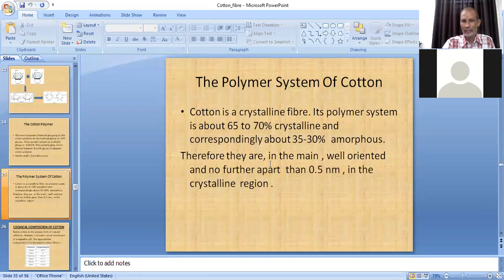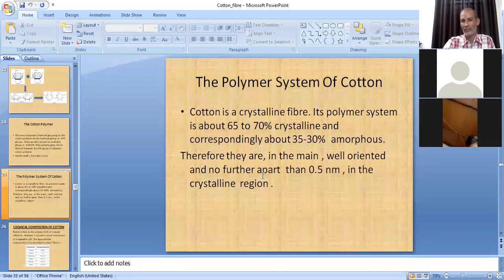Therefore, the polymers are in the main well oriented and no further apart than 0.5 nanometer in the crystalline regions. In the crystalline region, because the polymer packing is more, the interpolymer space is less, and it is not more than 0.5 nanometer. It is less than 0.5 nanometer.